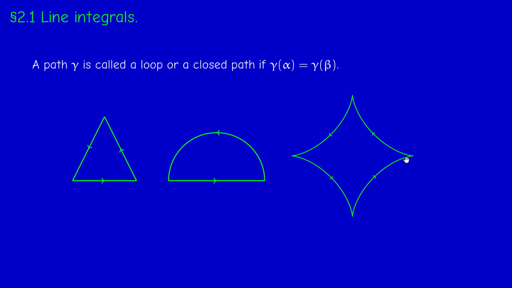Although it has no tangent here, it has cusps. And by the way, do you know any formula for this asteroid? You should have encountered it in previous courses. The formula is very simple actually. Try to guess it. So all these loops are perfectly acceptable in our course.